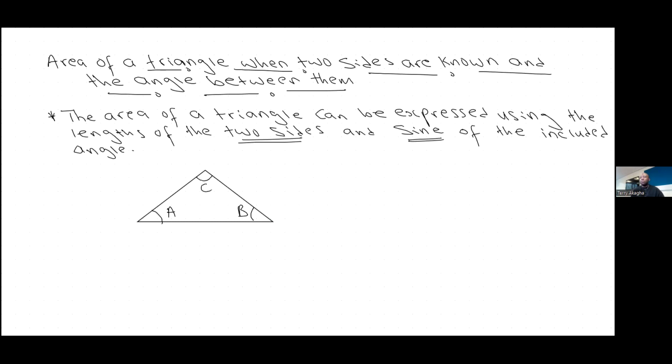So now, the side facing angle A is side A. The side facing angle B is going to be B, and the side facing C is going to be small letter C.